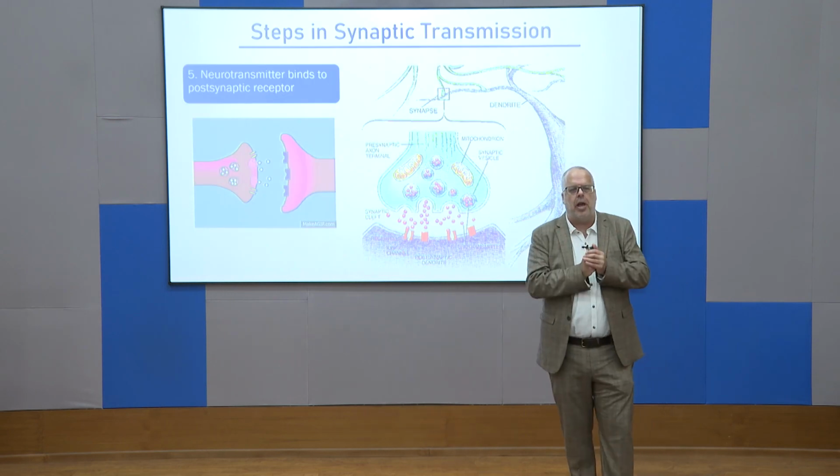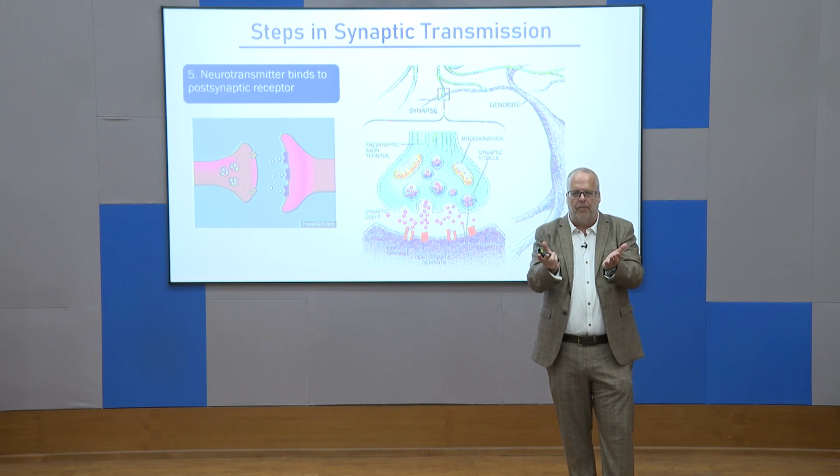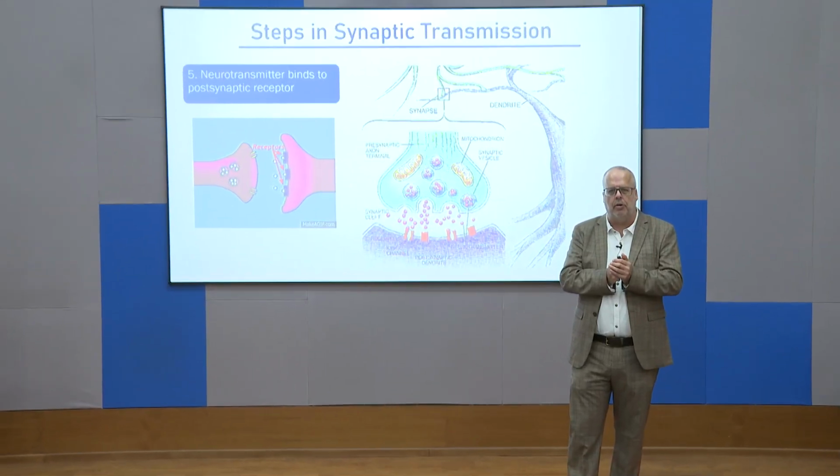Now, step 5. We've now released neurotransmitter into the synaptic cleft. The primary purpose of that is to then bind to and activate postsynaptic receptors, that is, receptors that are found on the postsynaptic terminal. This is a fairly complicated story, and we're going to come back and talk about this in a little bit.